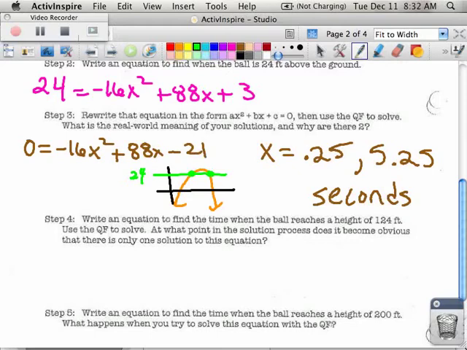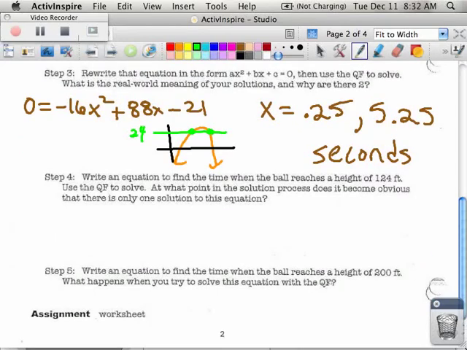That's what's happening. So in the 4th step, same exact problem really, but instead of saying 24 feet, they're saying 124 feet. So this time I think when I set up the equation, maybe I'll try to do this one algebraically just to show you. So I have 124 feet this time equals my negative 16x squared plus 88x plus 3.